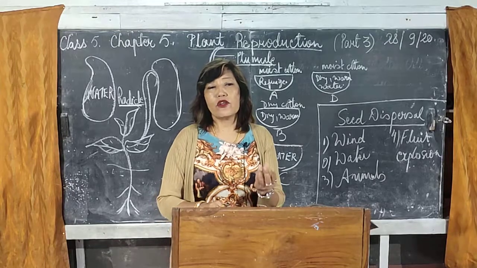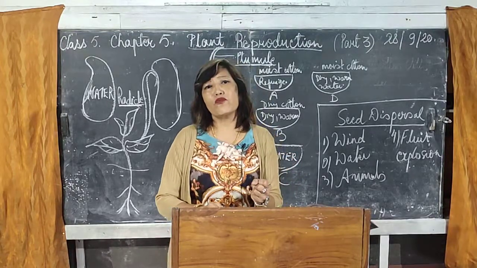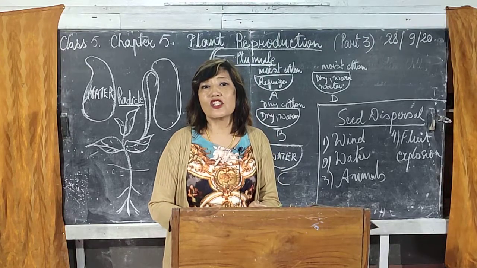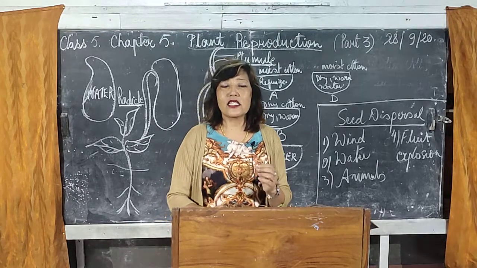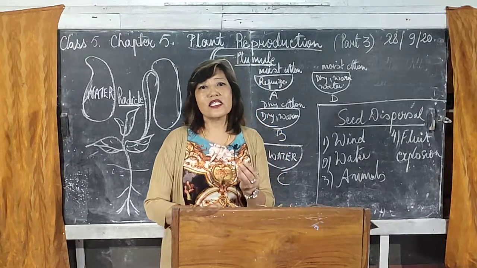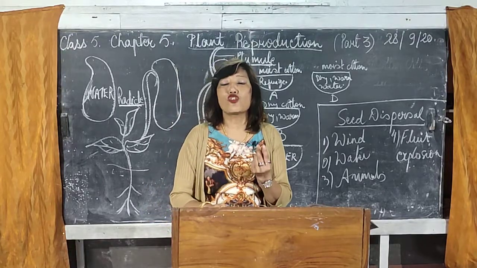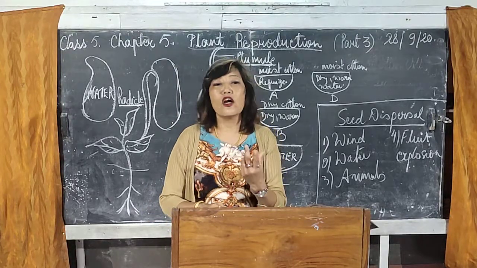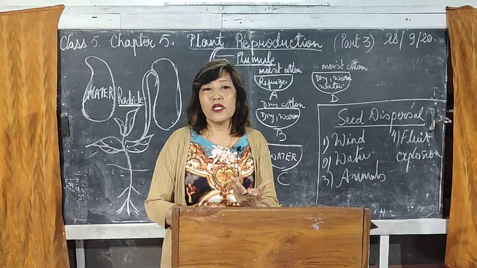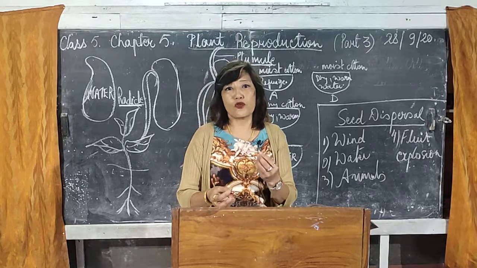You know why? Because you have already learned the different parts of a seed, where the outermost covering of a seed is called the seed coat, and that seed coat is hard, right? Once the seed absorbs water, that seed coat will become soft and break open, which will help the baby plant or the embryo inside the seed to sprout.